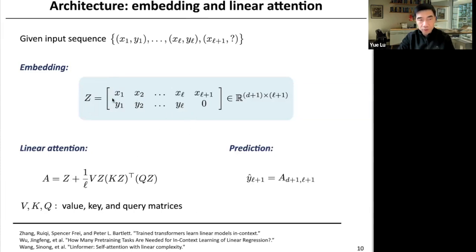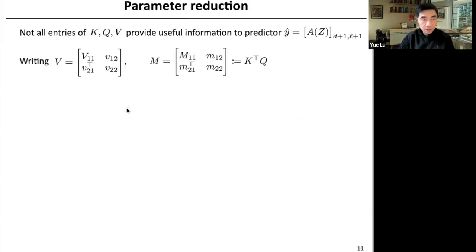So we're just going to follow this standard embedding scheme. Now, we're going to do some further simplification because in our problem, there are 3 trainable parameter matrices, the key, query, and value matrices. And then eventually we only care about a single scalar prediction, y hat.